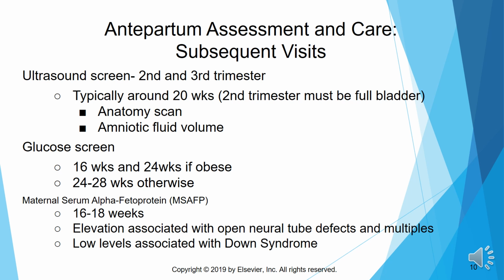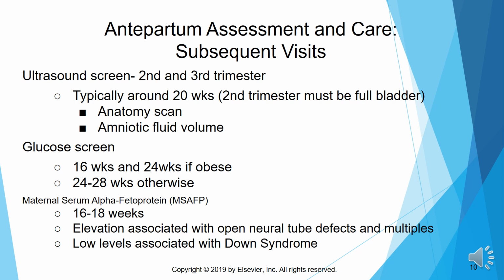We also will conduct a maternal serum alpha fetal protein, which, if you remember from previously in this slide, alpha fetal protein is what we detect for neural tube defects in the baby. So typically around 16 to 18 weeks, we will do a maternal serum alpha fetal protein, and that will help point us to know whether a neural tube defect is present.